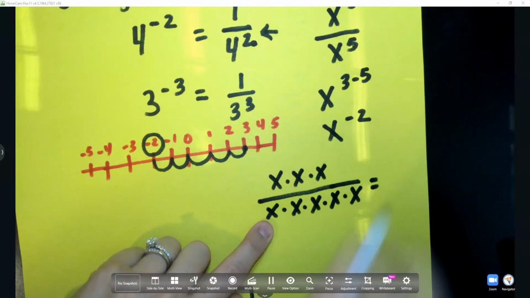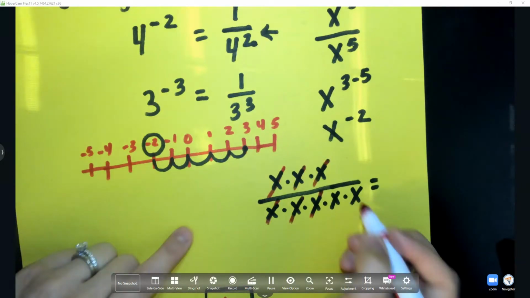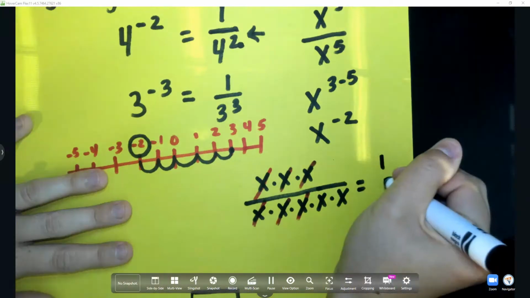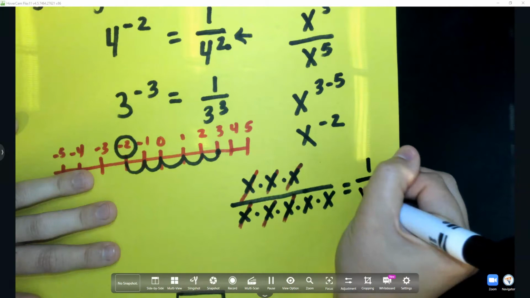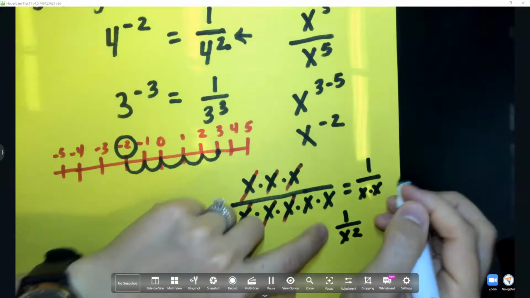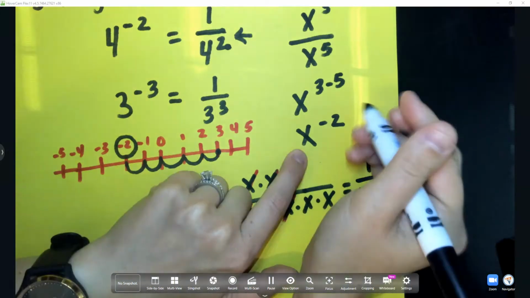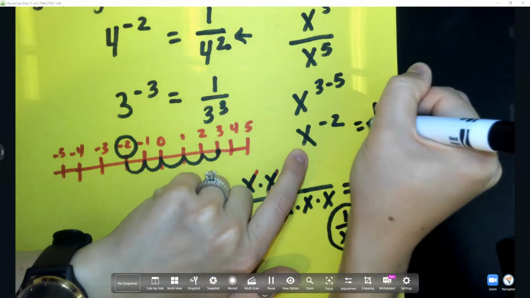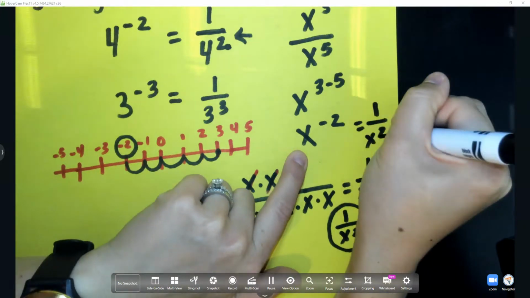So I'm going to cross that out, and left with 2 x's on the bottom. We can't just leave the top empty, so we would put a 1, and then our 2 x's on the bottom, x times x, which is the same as 1 over x squared. Okay, so that is how you would expand this out. X to the negative second would be 1 over x squared.